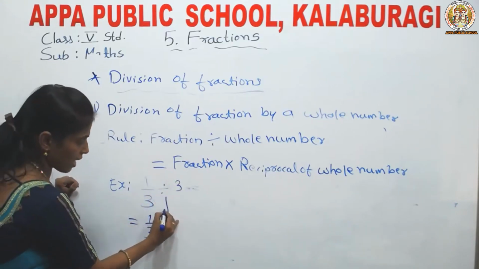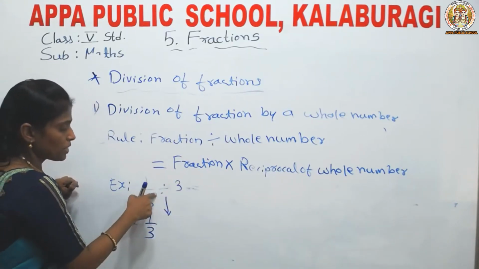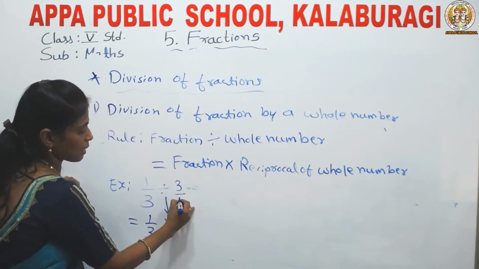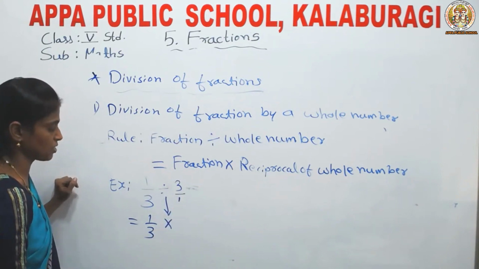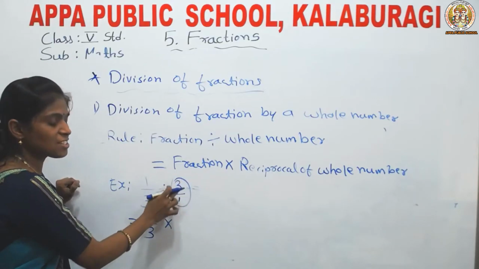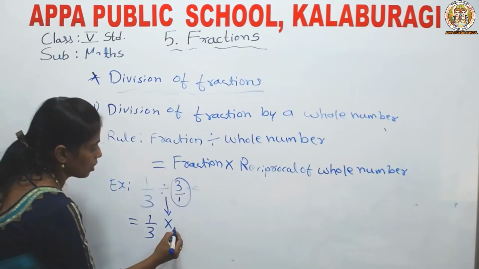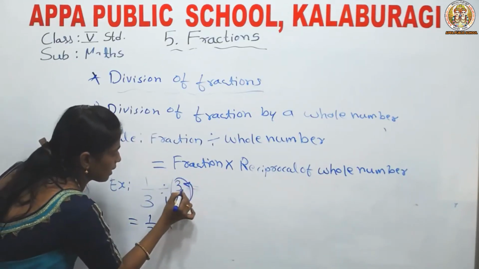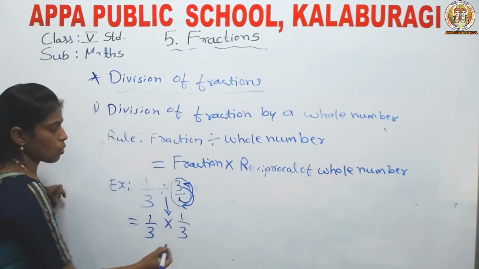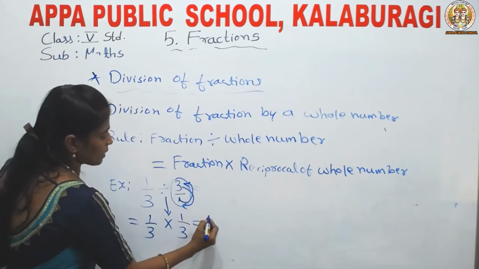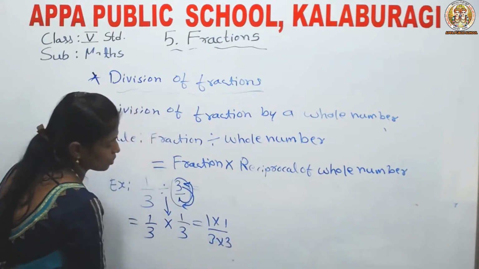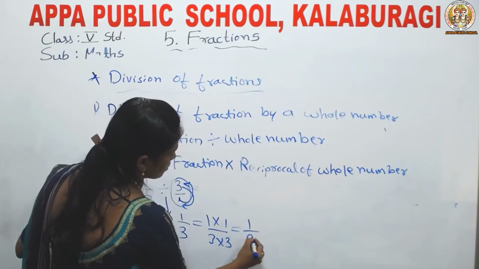The division sign changes to the multiplication sign, and if no denominator is written, 1 is there. You should remember, children. Reciprocal means interchange the numerator and denominator. This goes to the bottom and this comes to the top. That is 1/3 times 1/3. Now multiply numerators 1 into 1 and denominators 3 into 3. That is 1/9.